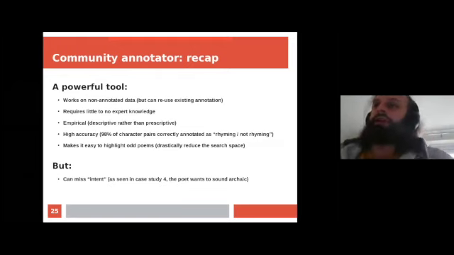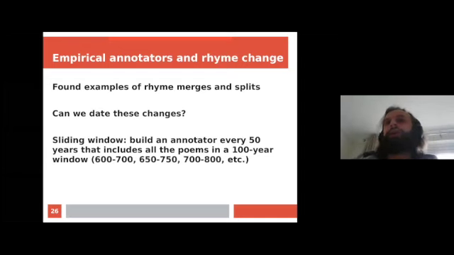Right, so earlier in case study 3, I mentioned that if we looked at an annotator trained on the Tang and an annotator trained on the Song, and the annotation was different for a given poem, it could mean that there was a phonological change, right? And we seem to have seen rhyme merge and rhyme split.